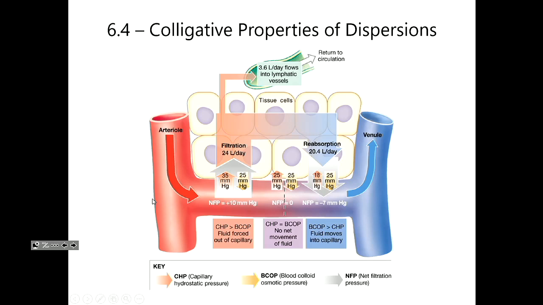You may not be aware of this, and because we're not, it's just part of physiology, but about 24 liters of fluid a day gets filtered out of your circulation. About 20 plus comes back, so you don't really notice much. And then, of course, the deficit, the difference, is what the lymphatics ultimately recover, and all of that comes back into the circulation in the chest and the thoracic duct.